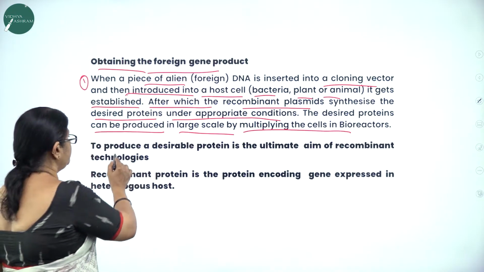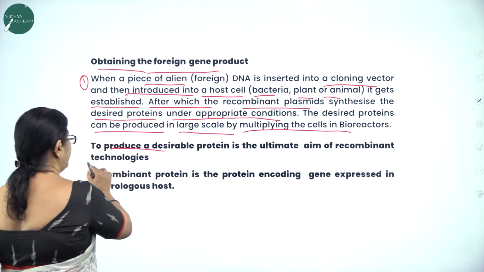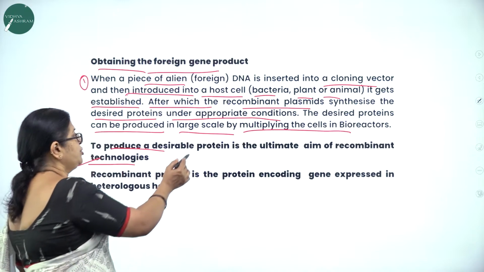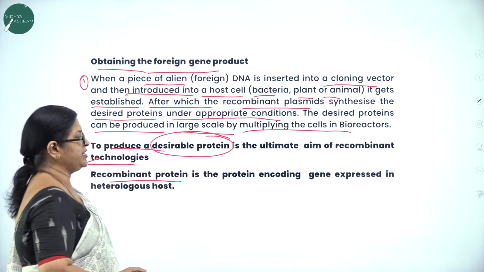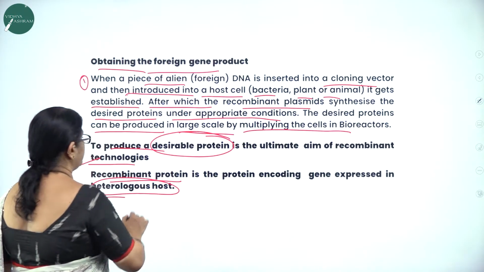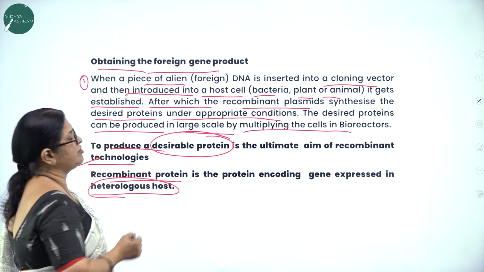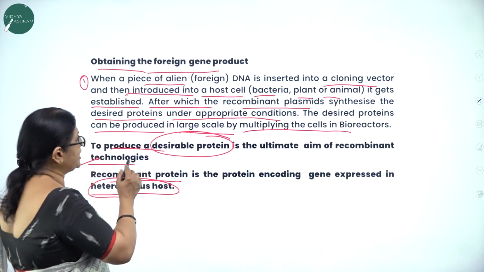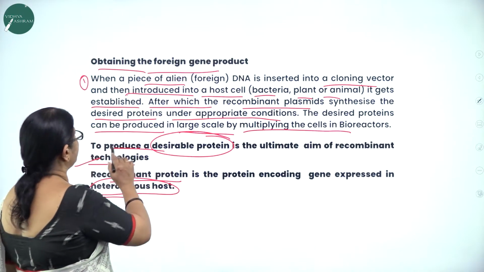To produce a desirable protein is the ultimate aim of recombinant DNA technology. So what is a very important aim of recombinant DNA technology? To produce the desirable protein. Then, a recombinant protein is a protein encoded by a gene expressed in a heterologous host. So, obtaining the foreign gene product: foreign DNA is inserted into a cloning vector and introduced into a host cell like a bacterium, plant or animal, and it gets established.